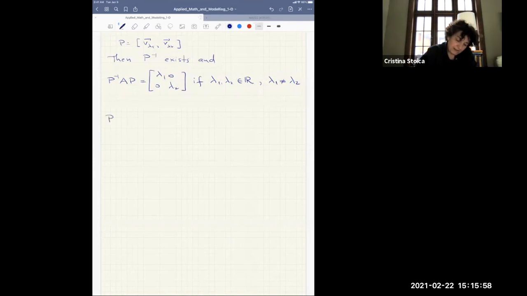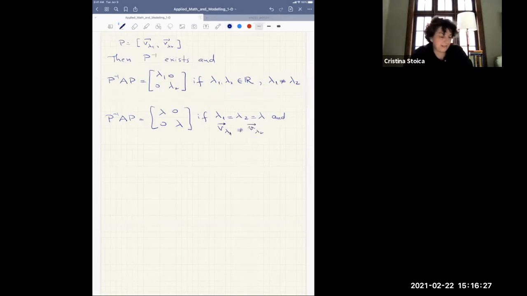Or P minus 1 AP equals lambda, lambda, if lambda 1 equals lambda 2, if they're equal. And V lambda 1 is not the same as V lambda 2.